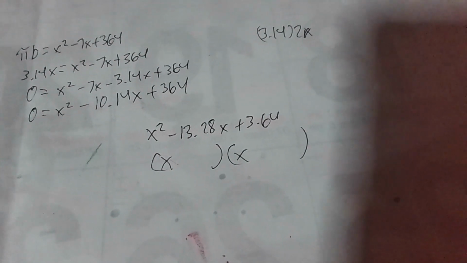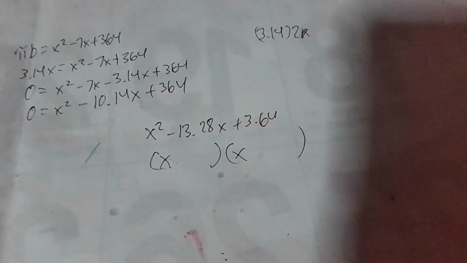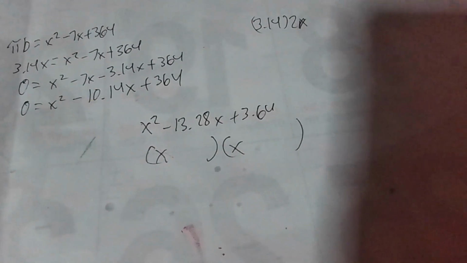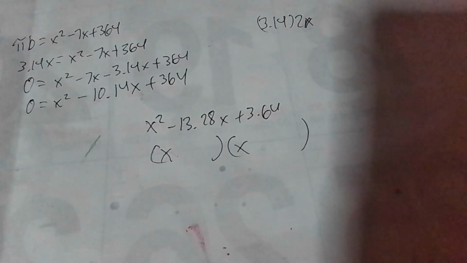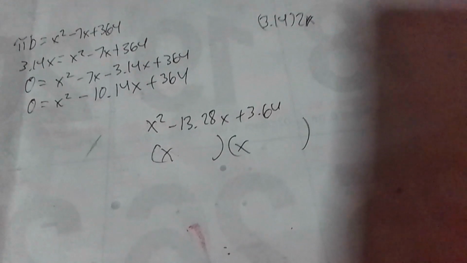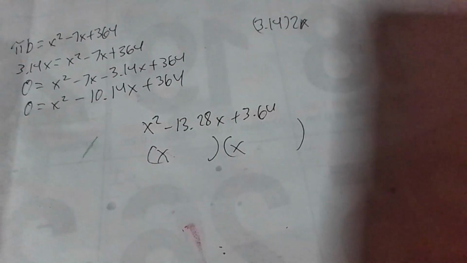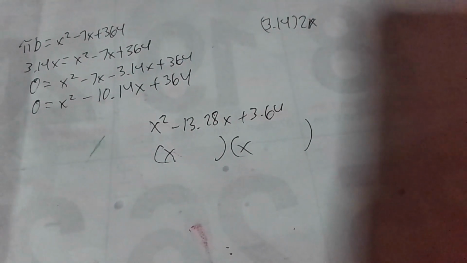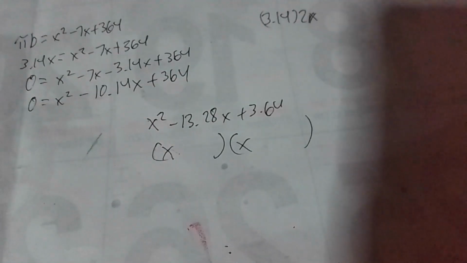If I were to try not using the decimal first, we know that we're supposed to get a positive number. So it's either both positive or both negative. So therefore, I think to be more direct, this is what I did.